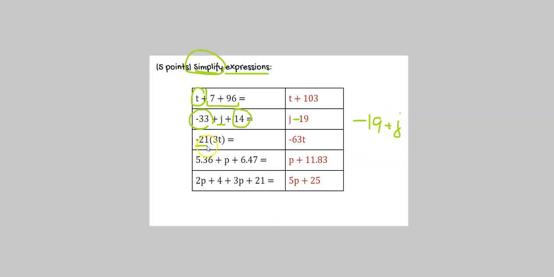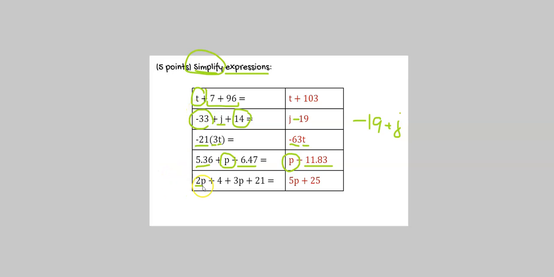Here also we have negative 21 times 3t, which means negative 21 times 3 is negative 63, and then again t. Here also there's a variable p, and also we can add these two numbers, 5.36 plus 6.47, which is 11.83, but some of you forgot to rewrite the variable p here.